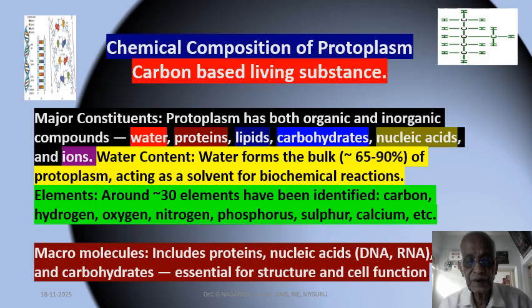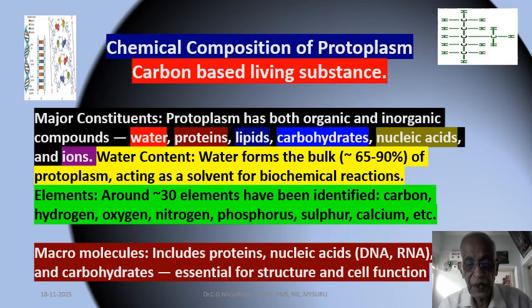Water makes up the bulk of the protoplasm. Nearly 90% of the protoplasm is nothing but water. The remaining will be different elements, different compounds in various conditions. Around 30 elements have been identified in the protoplasm. Major ones are carbon, hydrogen, oxygen, nitrogen, phosphorus, sulfur, calcium, plus many more.